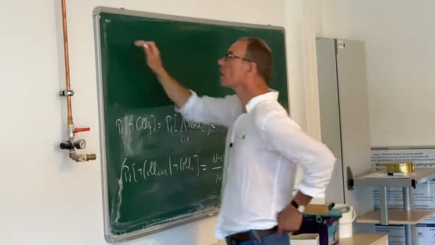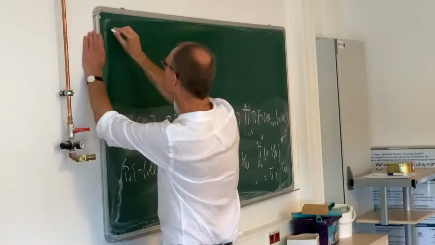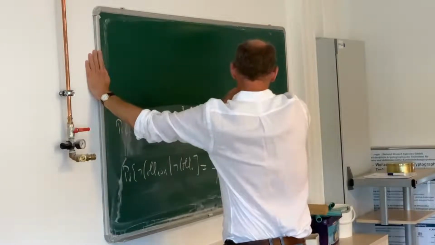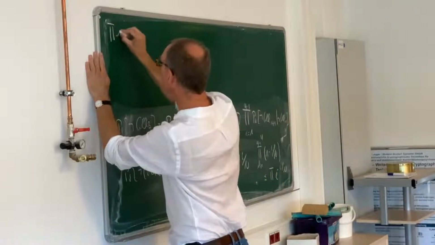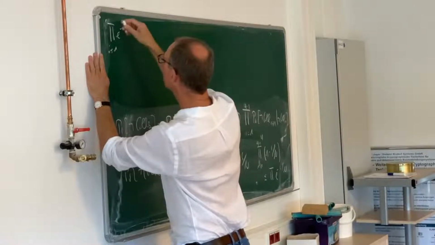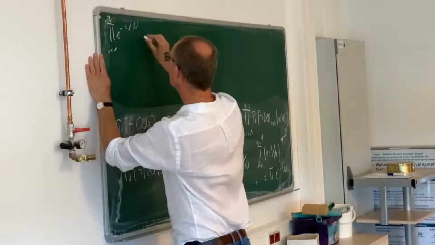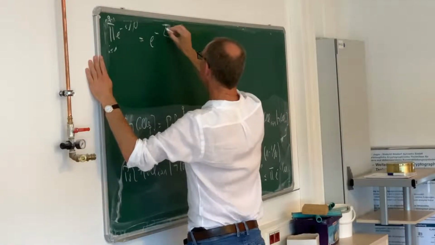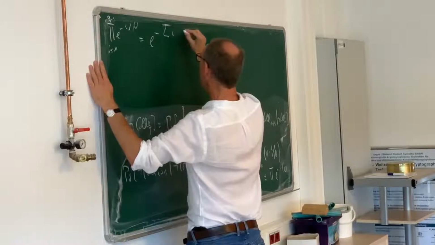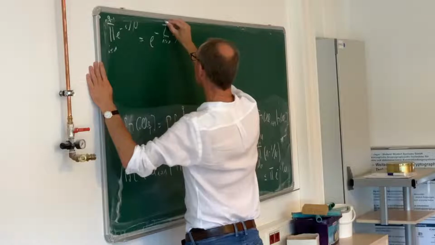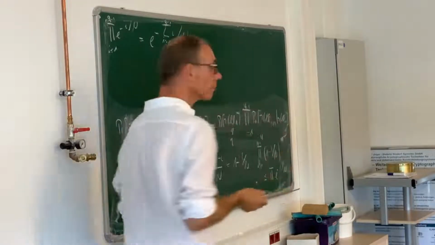So e to the... and then the product of e to the minus i over N, for i from 1 to q minus 1, is the same as e to the minus the sum of i divided by N, i from 1 to q minus 1.